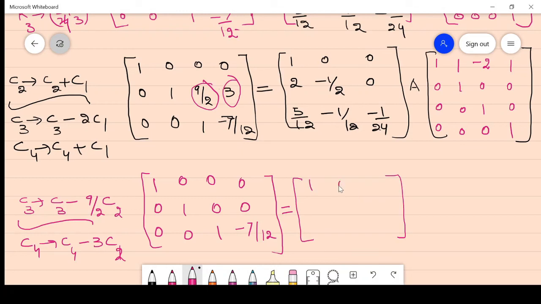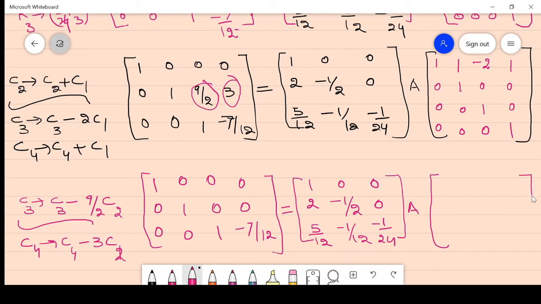So this is 1 0 0, 2 minus 1 by 2 0, 5 by 12, minus 1 by 12, minus 1 by 24, and this is the A matrix.